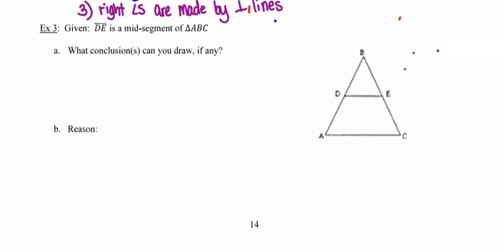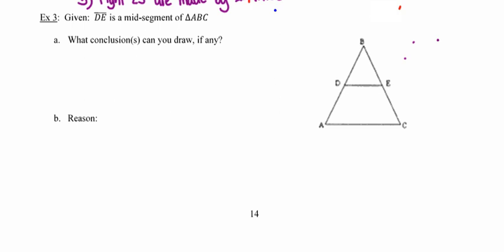All right, the last one says segment DE is a mid-segment of triangle ABC. So again, it's really critical here that you know what it means for a segment to be a mid-segment. So the first conclusion, and there's actually a lot of conclusions that you can draw from this. If DE is a mid-segment, that tells me that points D and E are midpoints, because that's what a mid-segment does.